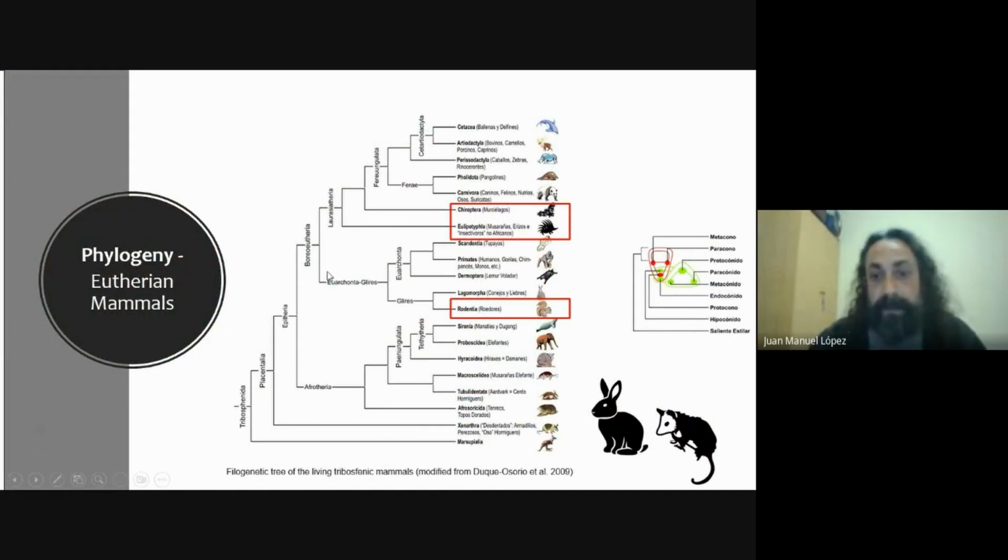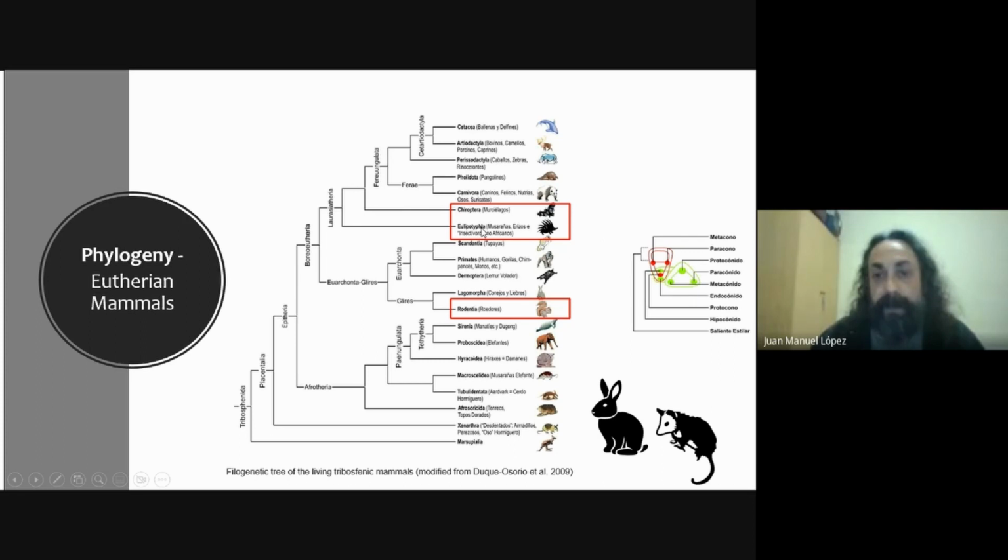This is a little bit of a scheme of the phylogeny of Eutherian mammals. And you can see here the evolution of the different Eutherian mammals. And we can see here the separation of the main orders of small mammals that we can find in an archaeological site.